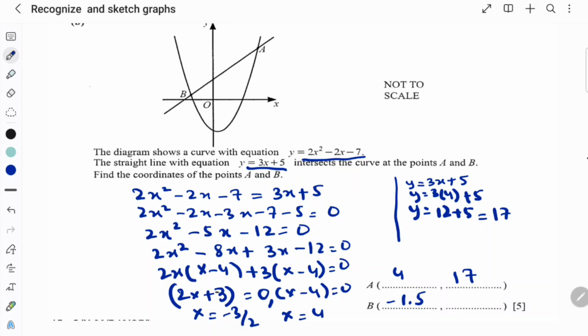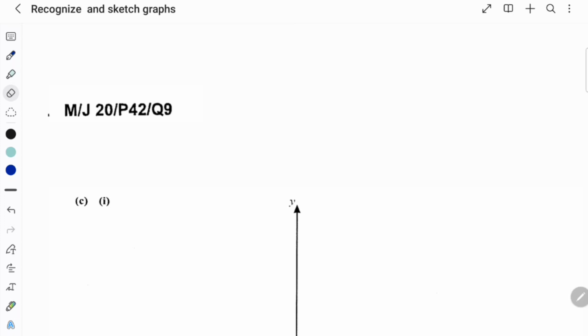Now the second one is minus 3 over 2. So y is equal to 3 times minus 1.5 plus 5. 3 times 1.5 is 4.5, so that is minus 4.5 plus 5, and that is equal to only 0.5. So that is the answer for the second part.